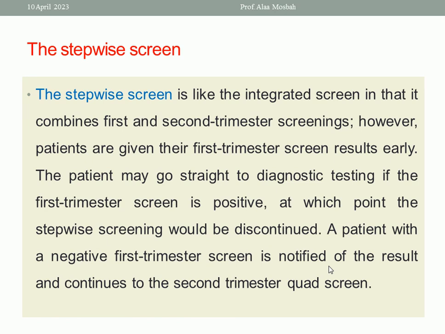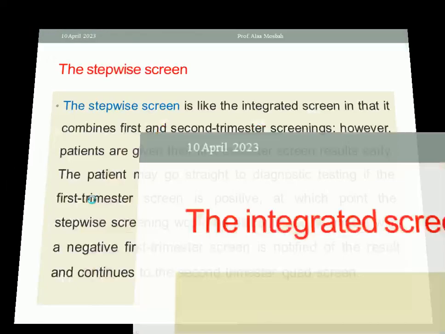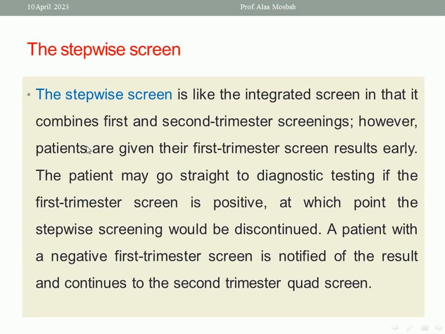If you remember, in the integrated screen, I said we didn't give the patient the result of the first trimester till we finish the second and add the results to each other and get the integrated screen. You understand? So we didn't give the patient the first trimester combined screen result in an integrated screen. But in a stepwise screen, we give the patient the result of the first trimester screen early.